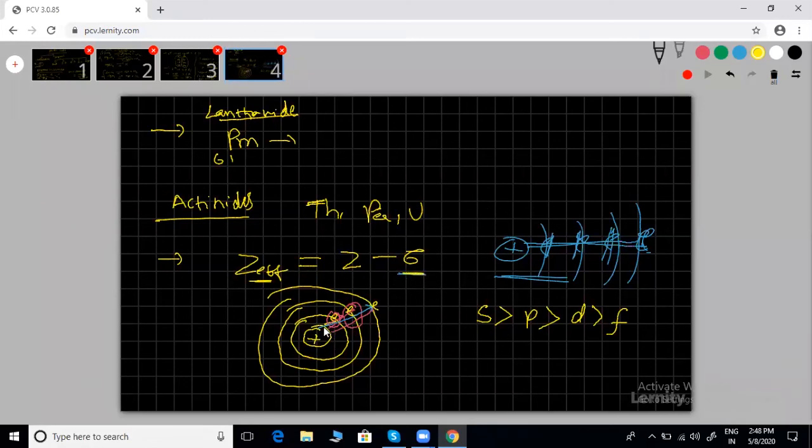Z effective increases means they can attract the outermost electron very strongly. Whenever they attract, automatically size decreases. So whenever Z effective increases, attraction increases. When attraction increases, we can't remove those electrons easily from the outermost shell. Then ionization energy, electronegativity and reactivity are affected.